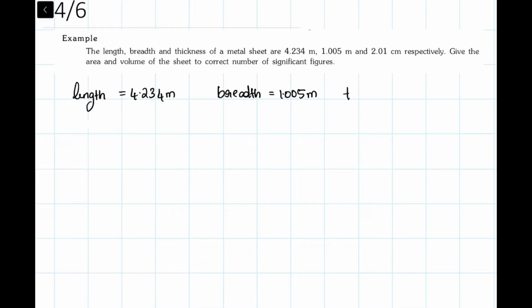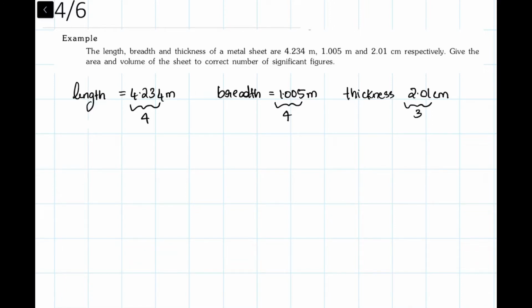They have given thickness also, which is 2.01 centimeter. So in the given parameters, length is having 4 significant figures, breadth is having 4 significant figures, thickness is having 3 significant figures.